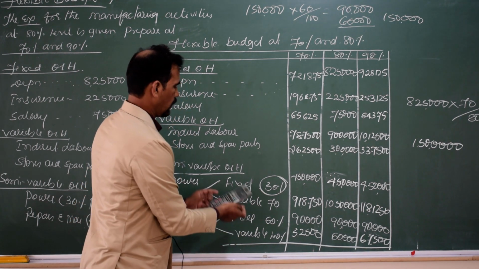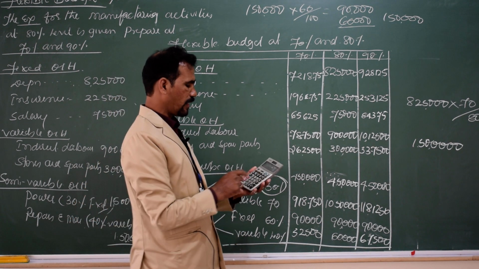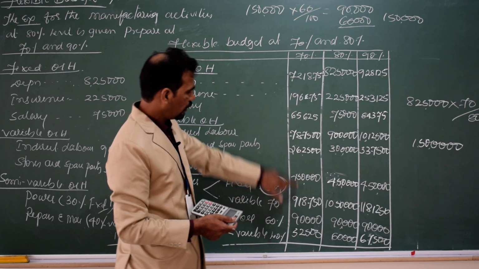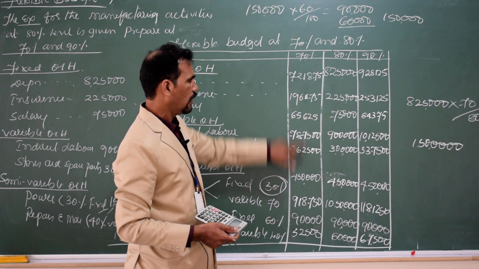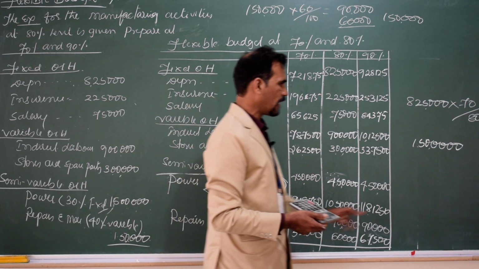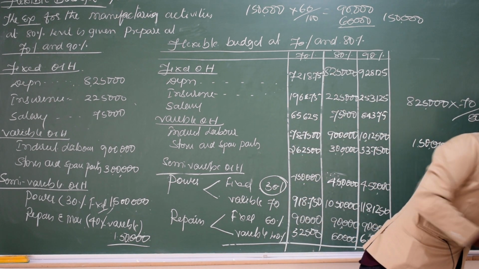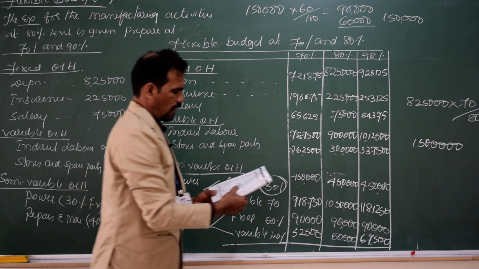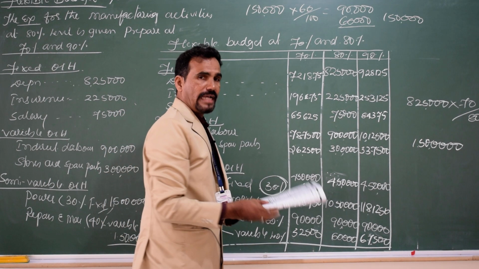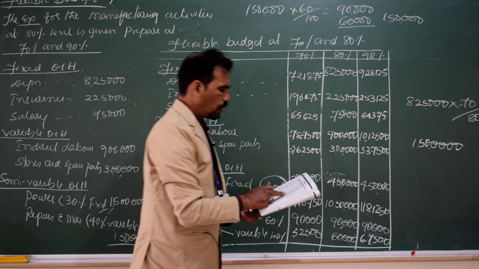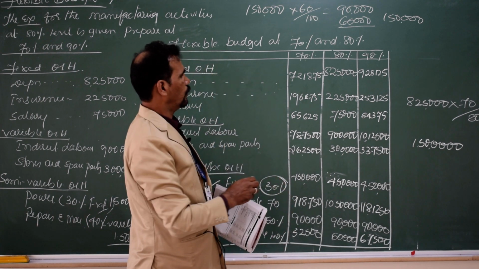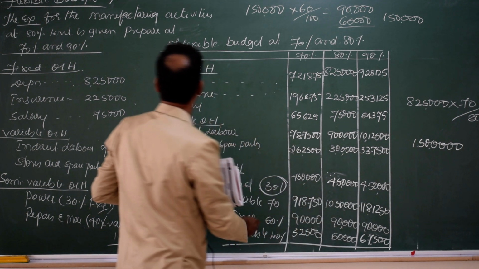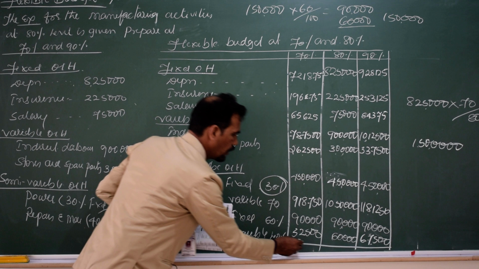For example, in the 70% capacity, the total of all the amounts, the answer comes to 43,61,250. So the level will change.